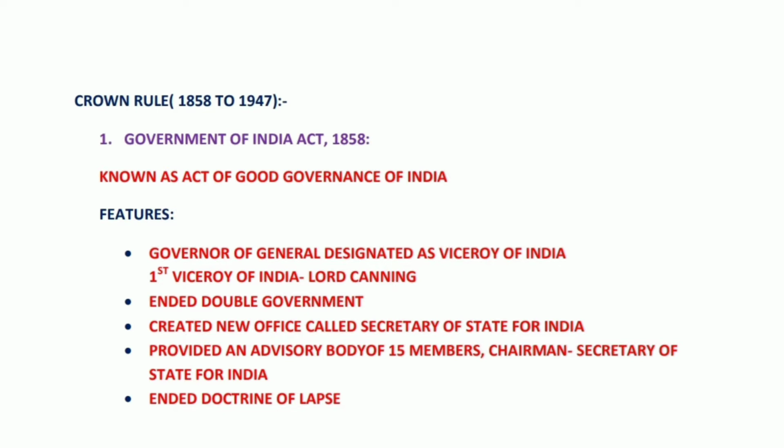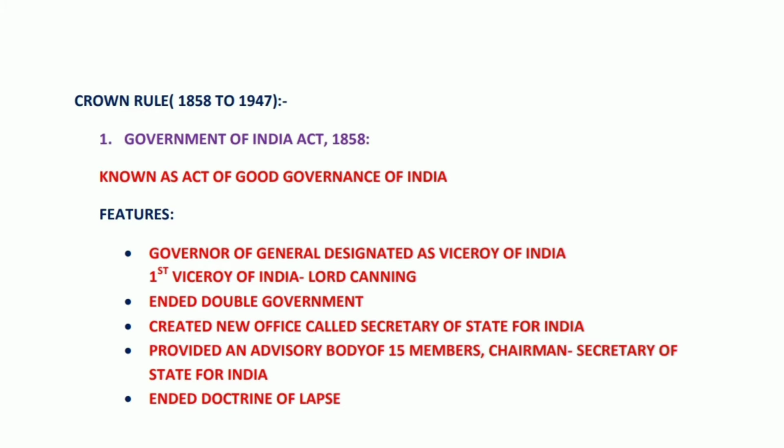That is, for this advisory body the chairman was Secretary of State, and he had the power to initiate and finalize the decisions that were going on. So after this, during this act, they also ended the doctrine of lapse that was introduced by Lord Dalhousie.